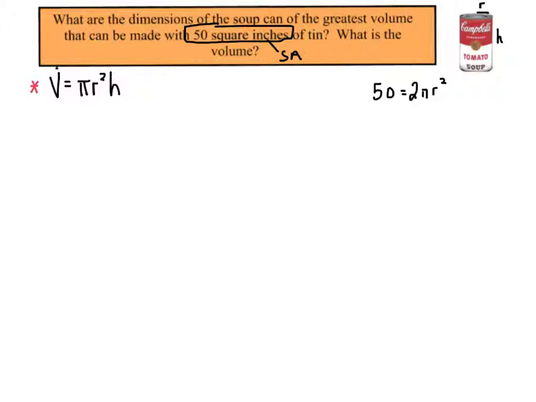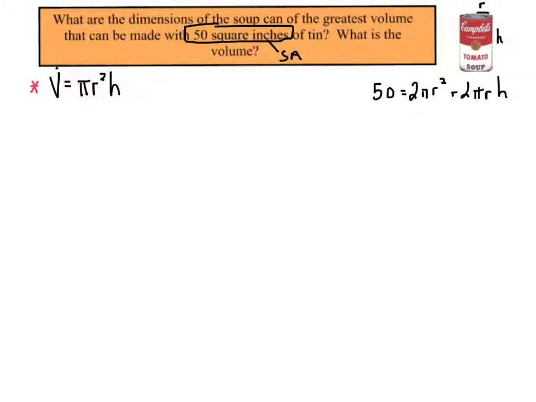And the lateral area, the part that isn't the two circles, is actually a rectangle if you unfolded it or uncurled it, with a base equal to the circumference, and then of course the height is just h.